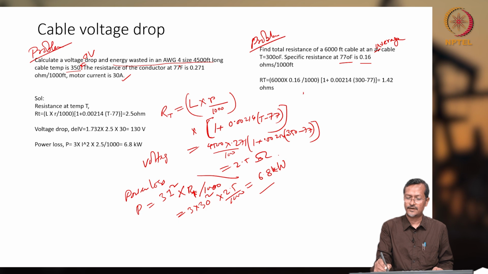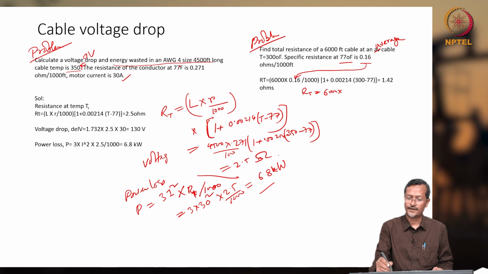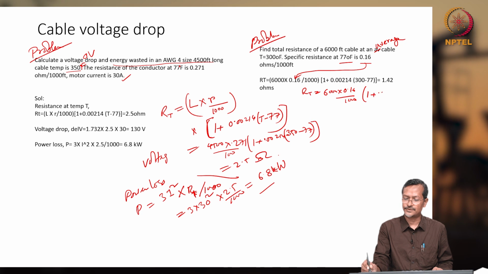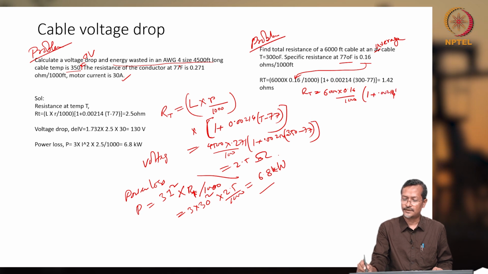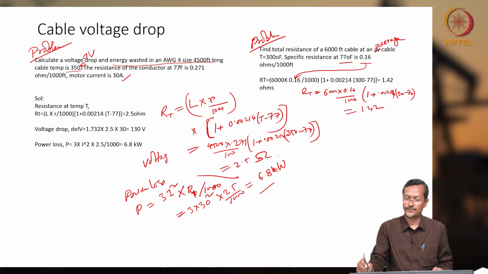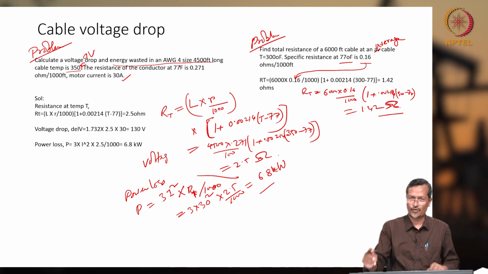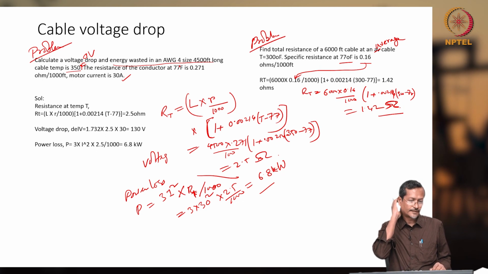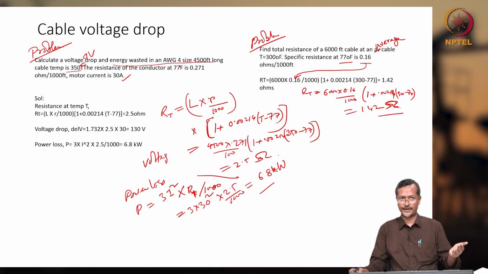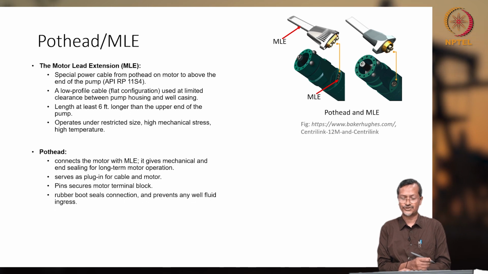So again a simple formula, RT equals 6000 into 0.16 you are given, 0.16 divided by 1000, into 1 plus 0.00214, into 300 minus 77 equals 1.42. The ohm's symbol is like this, like the opposite of a horseshoe. So if you are using a longer cable, your RT or resistance will be higher, so the voltage drop will be higher.